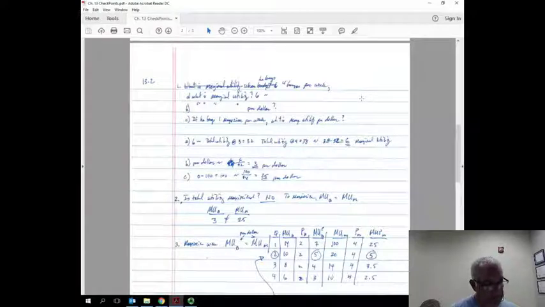Okay, so at first it asks for the marginal utility and marginal utility per dollar from burgers when he buys 4 burgers a week. So what is marginal utility when he buys 4 burgers a week?